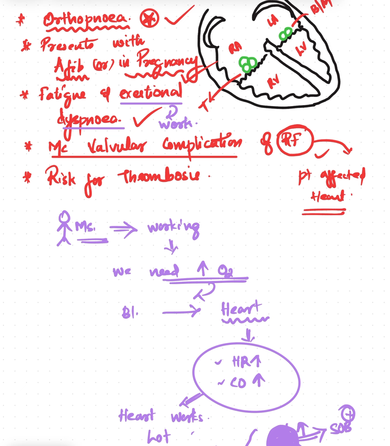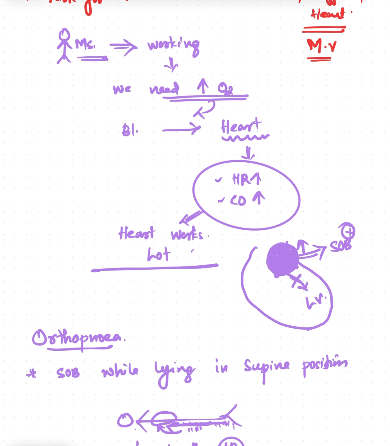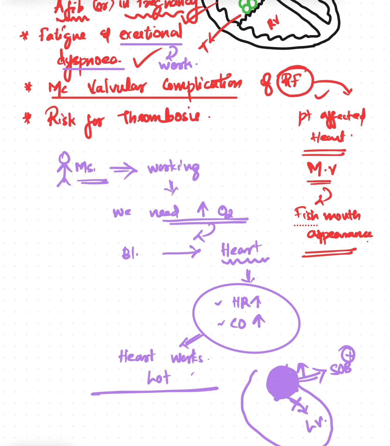So in rheumatic heart disease, what is affected? The mitral valve is affected. In pathology, we also say fish mouth appearance. Because of some vegetation deposits in the mitral valve, the valve gets stenosed in rheumatic fever.